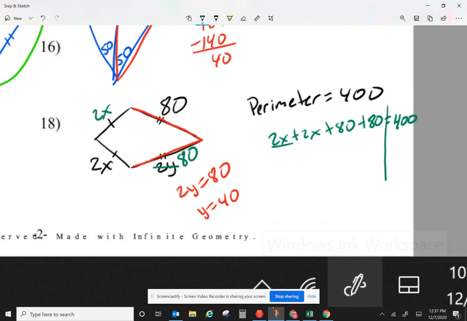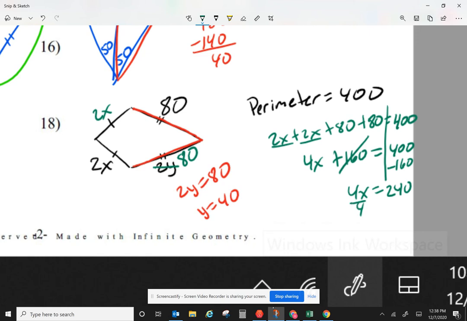The left side, let me condense it. 2x plus 2x, that's 4x. 80 plus 80, that's 160. And all this is equal to 400. Let me subtract 160. So I have that 4x equals 400 minus 160 is 240.